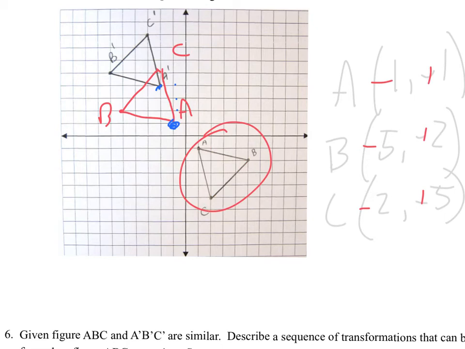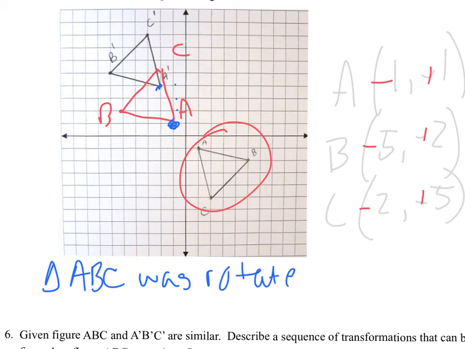All right. So if we were to write this down, we would say let triangle ABC was rotated 180 degrees. It doesn't matter if it's clockwise or counterclockwise, like you guys know, about the origin.